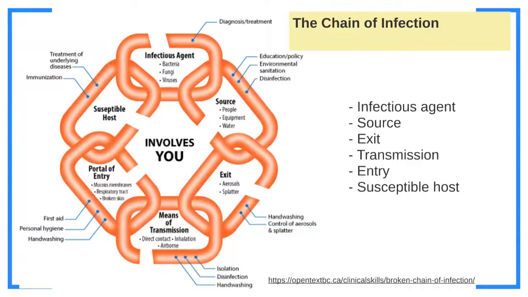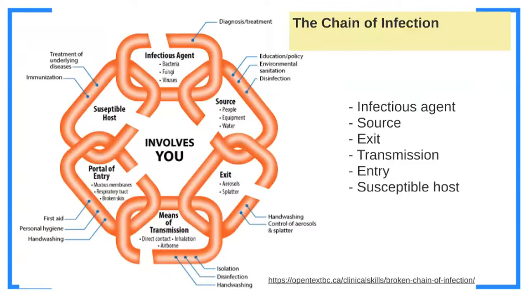So we want to decrease the number of mosquitoes, for example. For the source, we have sanitation and disinfection. So after you are done in an area, wipe down that area, wipe down that table. That's a way of eradicating that.